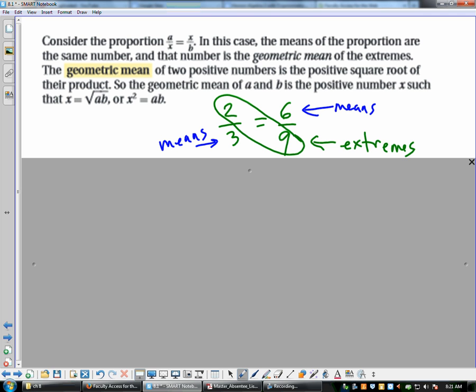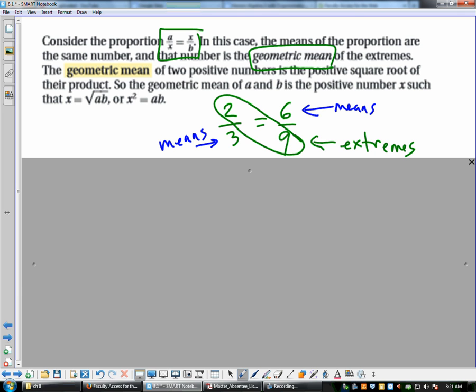Okay, so the means of this proportion, A is to X as X is to B, are the same number, right? They're both X, in this case, whatever it is. So that number is called the geometric mean of the extremes.